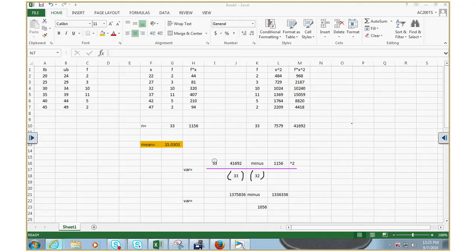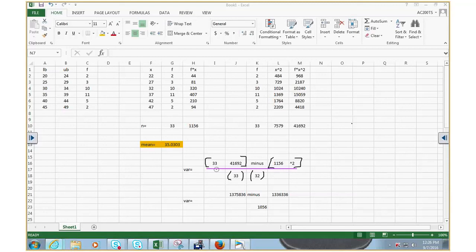So the bottom number is always going to be 1. What are you talking about? Bottom number. The denominator, if it's n minus 1. Well, what's n? 33. It doesn't matter what it is if you're subtracting it from the same number minus 1, correct? Well, that's 33 minus 1.